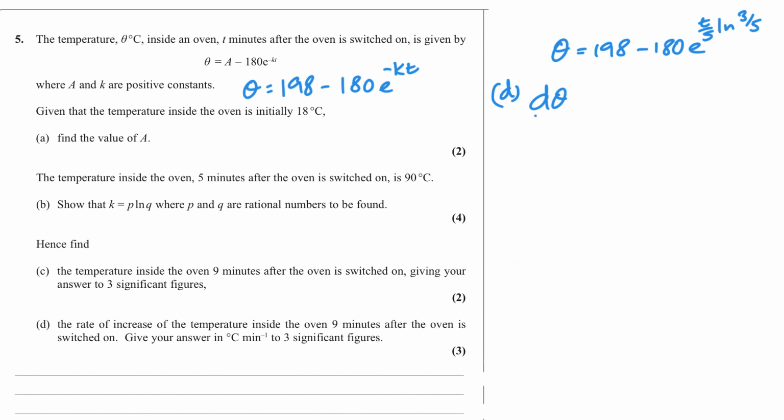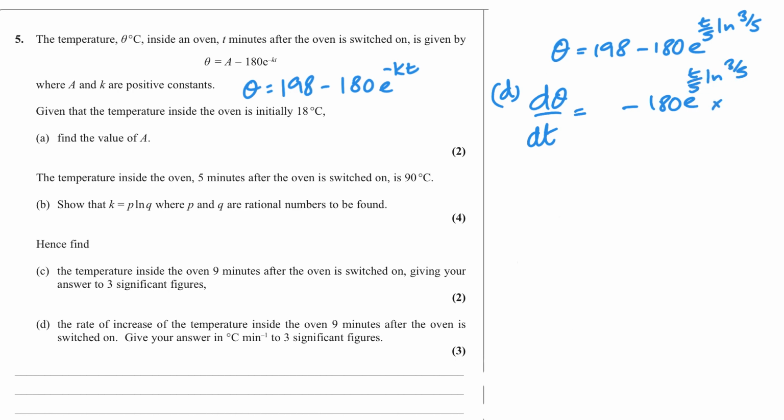So we want to find d theta by dt. So the 198 is going to go, and then we've got minus 180 e to the t over 5 ln 3/5, and we need to multiply by this differentiated. Well, this is a single t and this is just a number, so this is the number we're going to end up multiplying by.